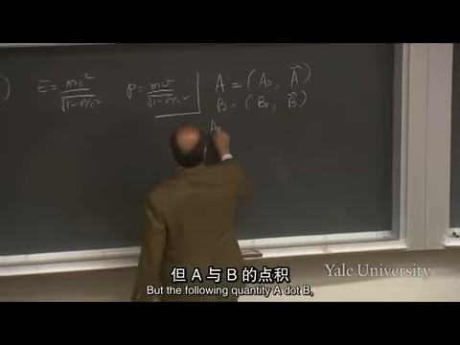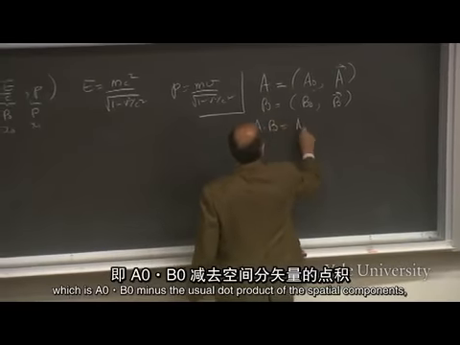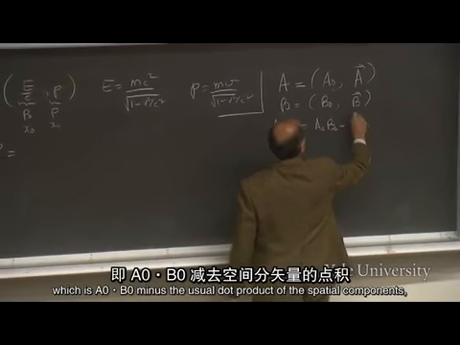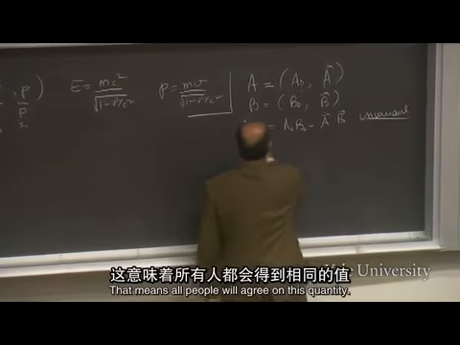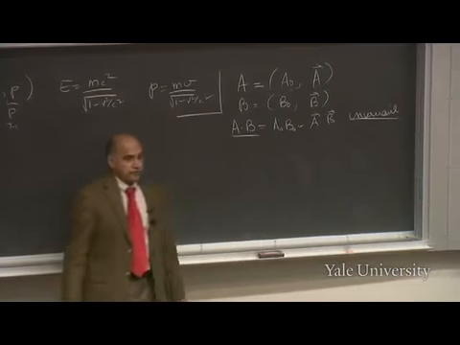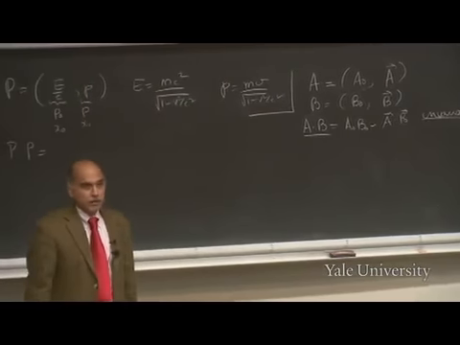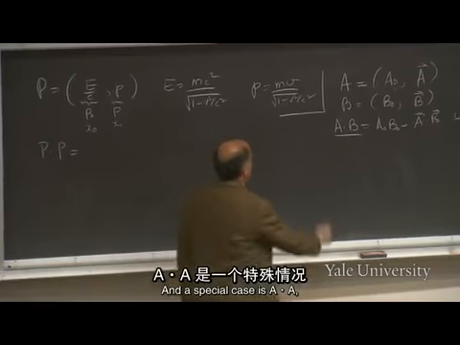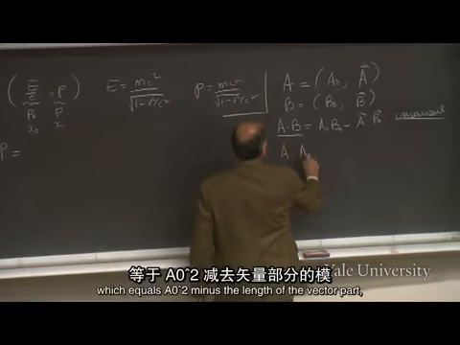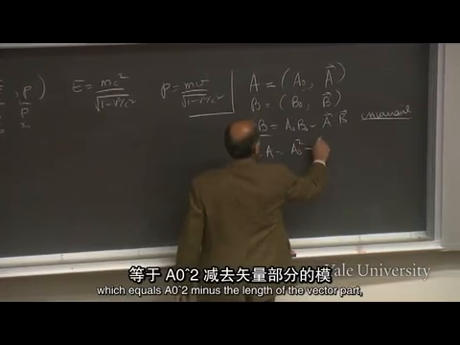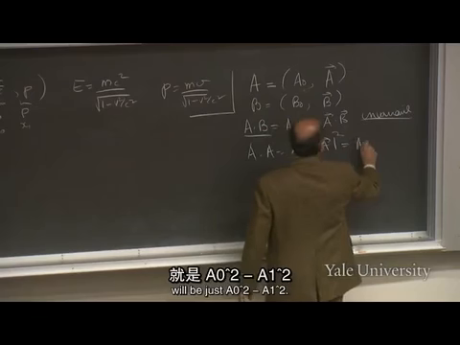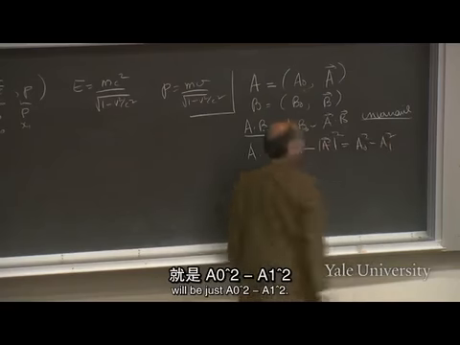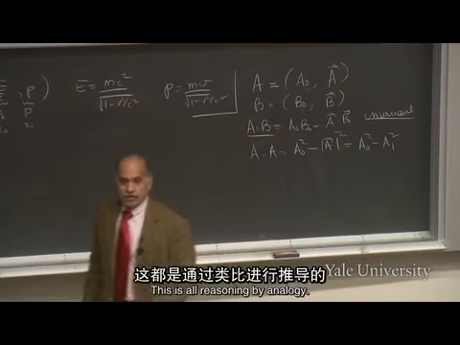But the following quantity, a dot b, which is a0 b0 minus the usual dot product of the spatial components, is invariant. That means all people will agree on this quantity. And a special case is a dot a. A dot a is equal to a0 squared minus the length of the vector part, which for our purpose will be just a0 squared minus a1 squared. This is all reasoning by analogy.